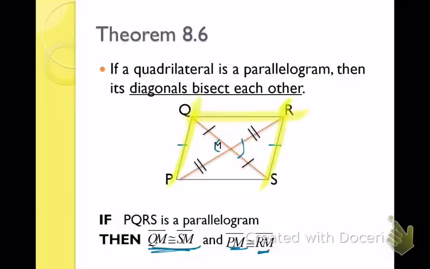Well, that's not the only transversal in the picture. When you draw the diagonal in, you also get another transversal. This transversal and 2 lines are creating a Z, which are your alternate interior angles. So those alternate interior angles are going to be congruent. And so now by angle, side, these 2 triangles are congruent.